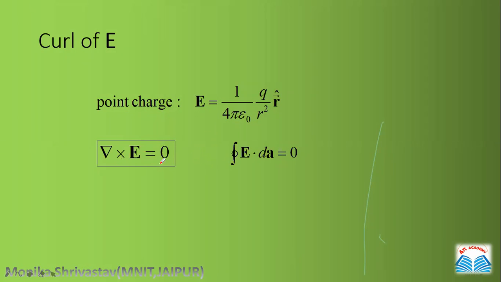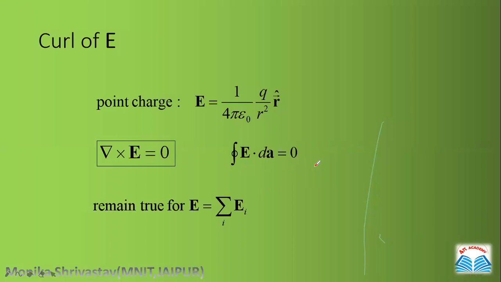If del cross E equals 0, then the closed integral of E dot dl will always be 0. Why? This comes from the Stokes curl theorem. In Stokes curl theorem, we can convert a line integral into a surface integral by taking the curl of that vector quantity. So we are getting this.